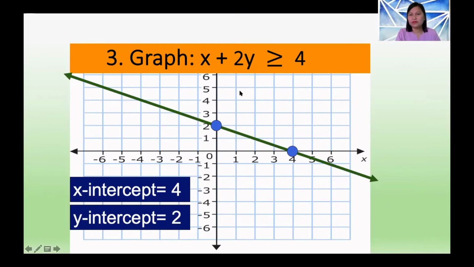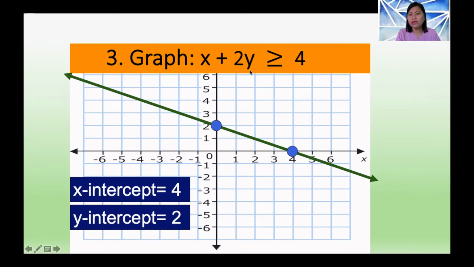Now, for us to decide on what region to shade, let's have the test point. Let's say 0, 0. So we substitute. If x is 0 and y is 0, 2 times 0 is 0. So 0 plus 0 is 0. Is 0 greater than 4? Okay, so we obtained a false statement. 0, 0 is not a solution.